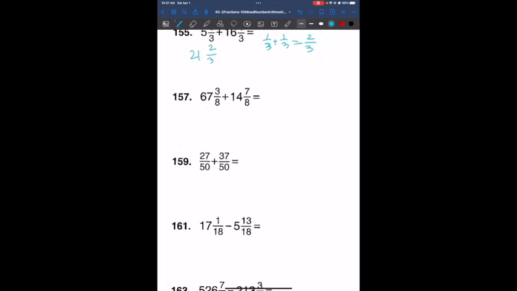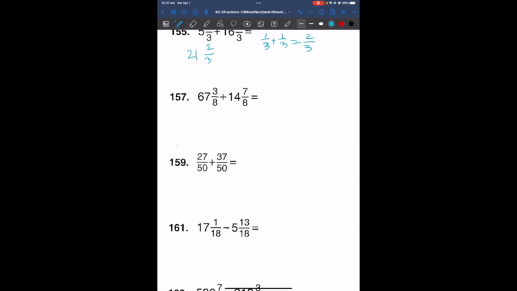Now for problem 157, I'm going to do the method where we bring 1/8 to complete. So that's going to be 15 plus, now since we gave away 1/8, it's going to be 15 plus 67 and 2/8.